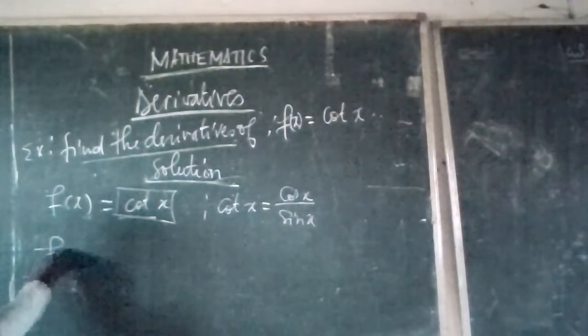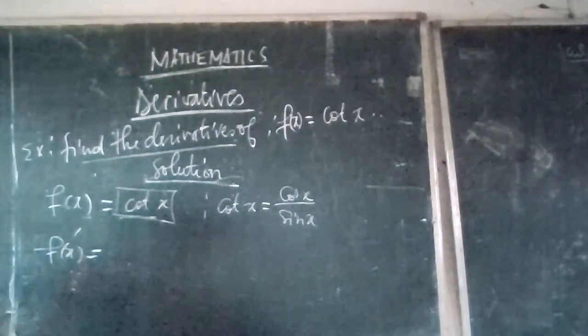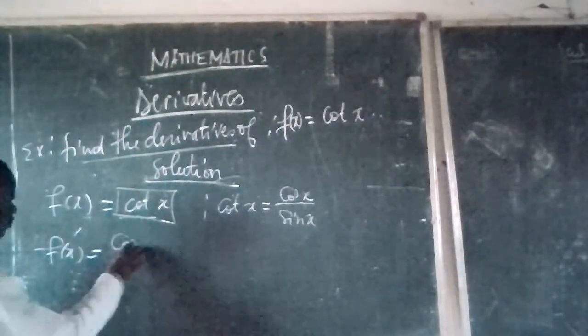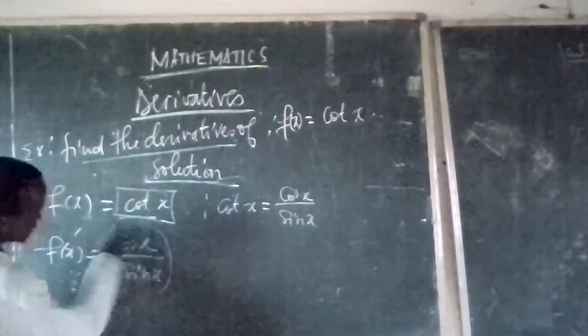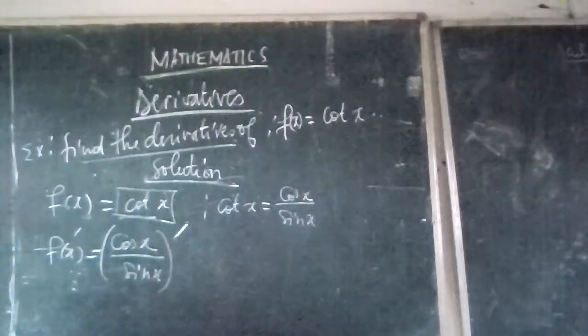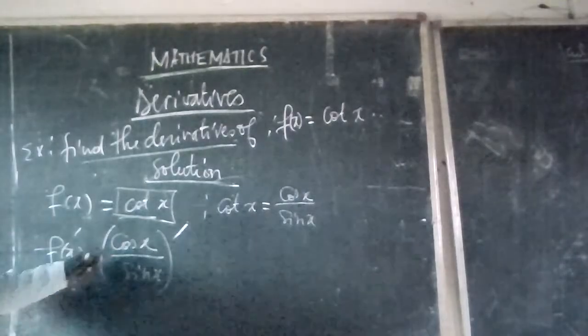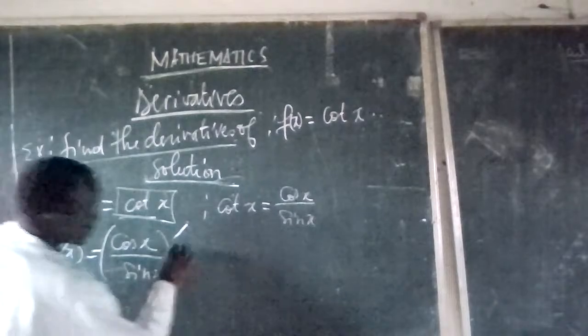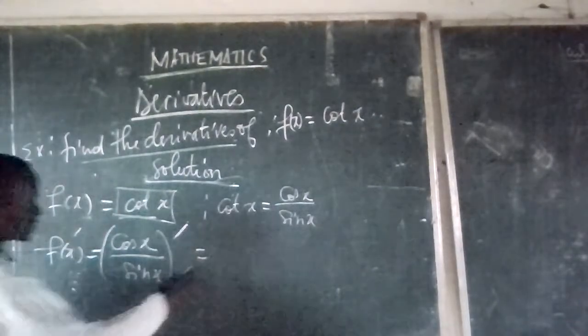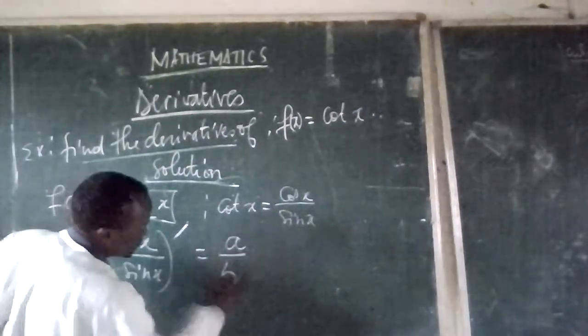So now it is the derivative of f of x, where we have the derivative of cosine x over sine x. As I told you, if you have this fraction, it seems like a over b.